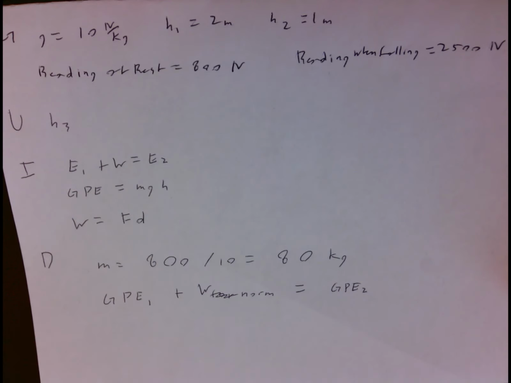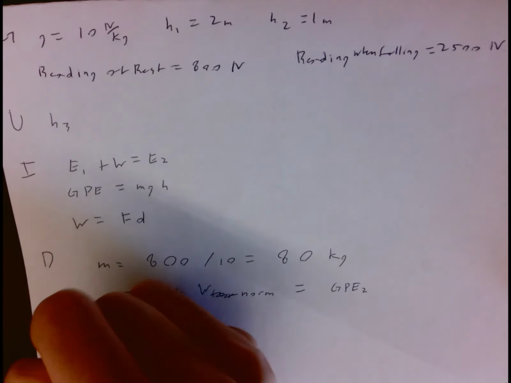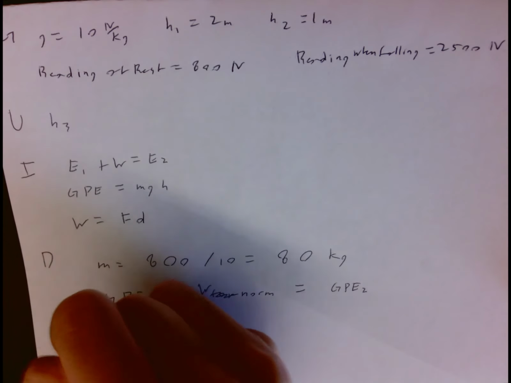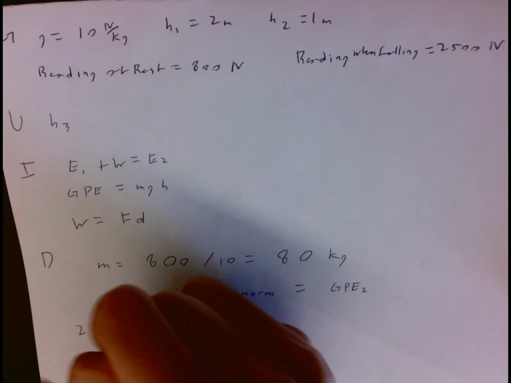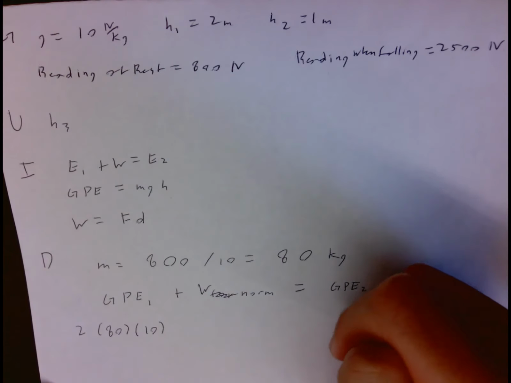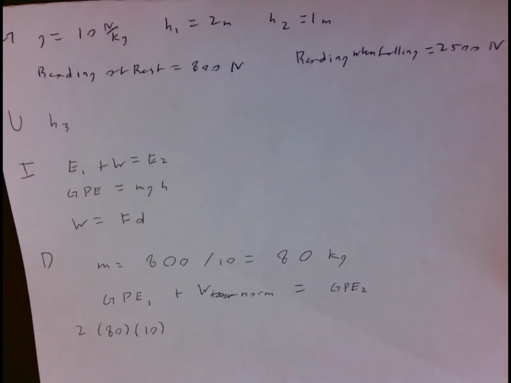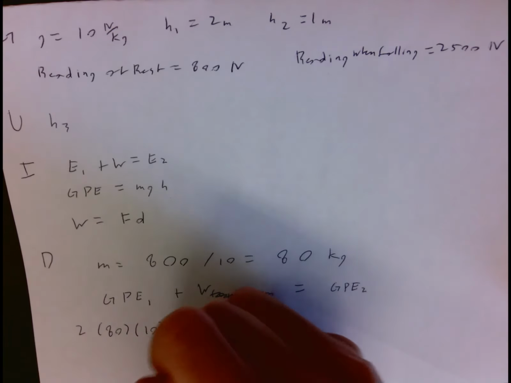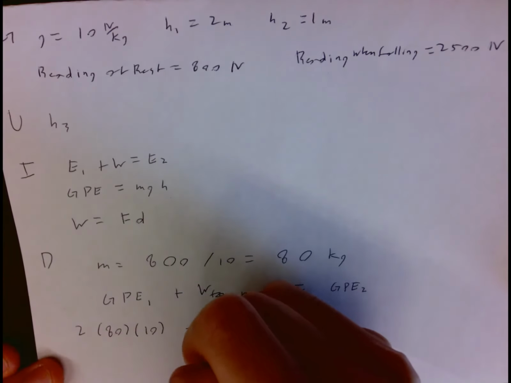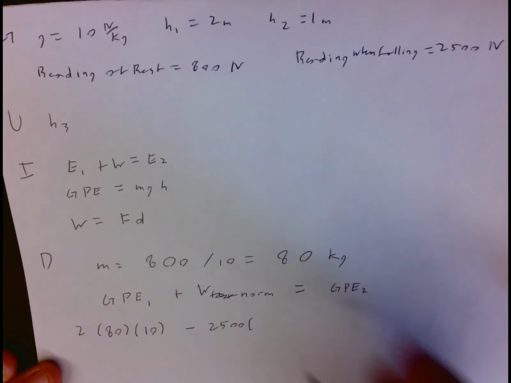And so GPE1 is equal to height at point 1 times mass times g. And so work is equal to the reading on the scale times the displacement.